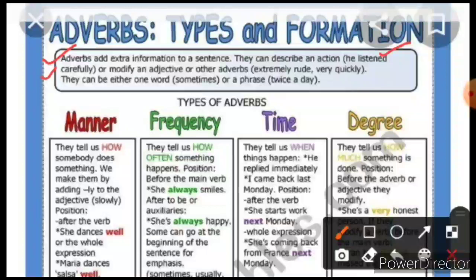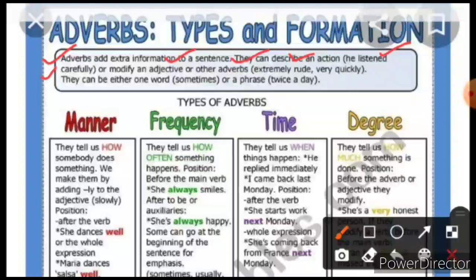In the same way, as we go further into the definition, an adverb modifies an adjective or other adverbs. So it modifies a verb, an adjective, and other adverbs as well. For example, extremely rude, very quickly. In the first one, rude is your adjective and extremely is your adverb.